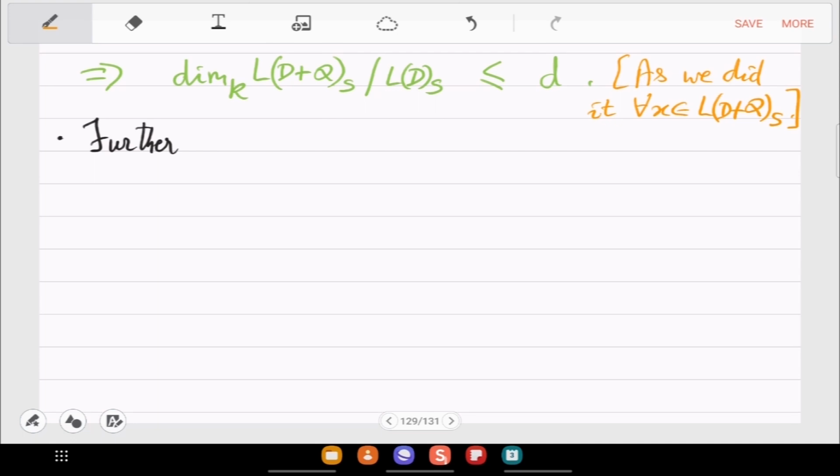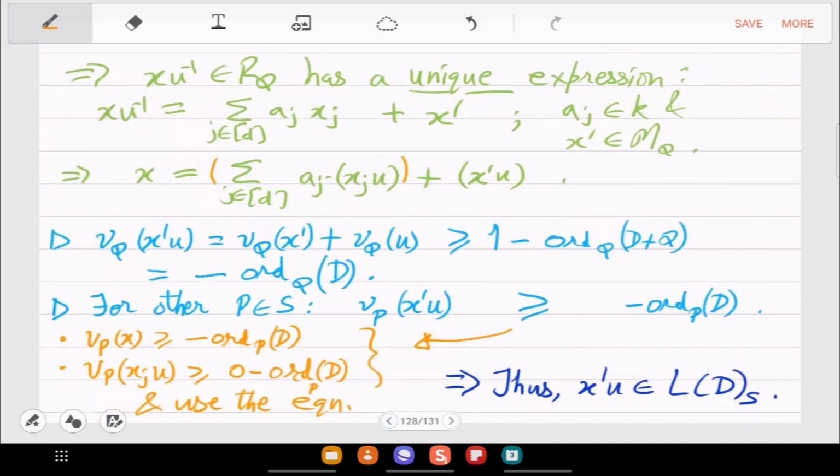Every x is generated by the same x_j u, which are only d many. So the dimension is at most d. Now all we have to show is that these d elements are actually independent. They form a basis. So let's do that next.